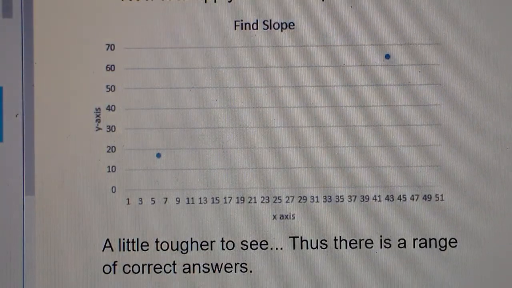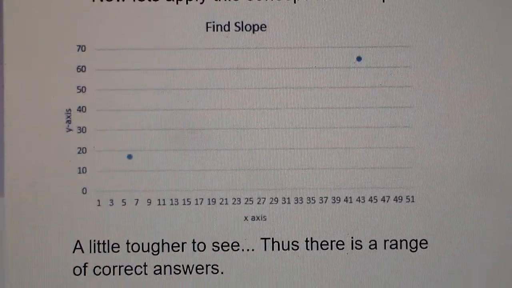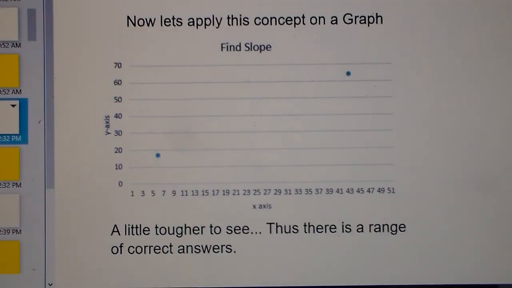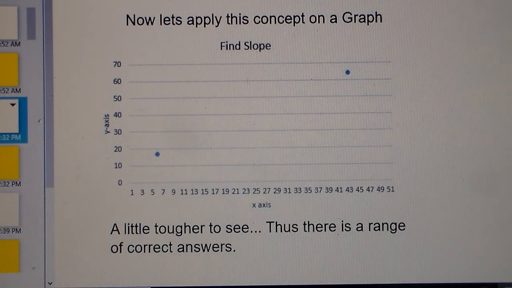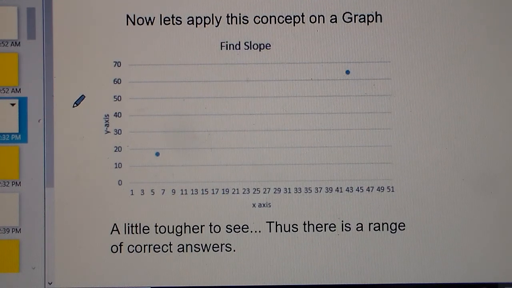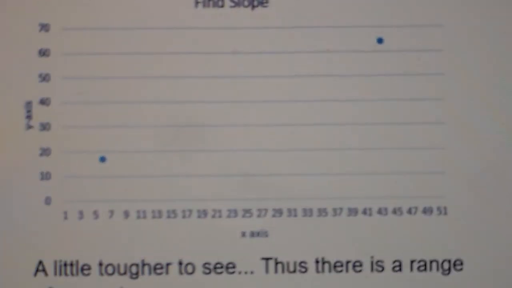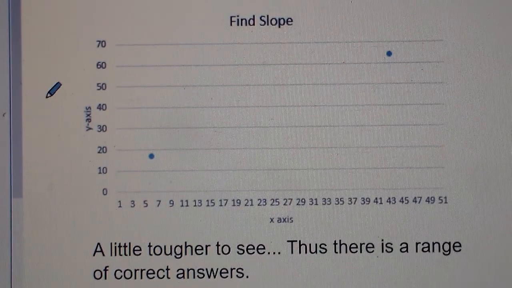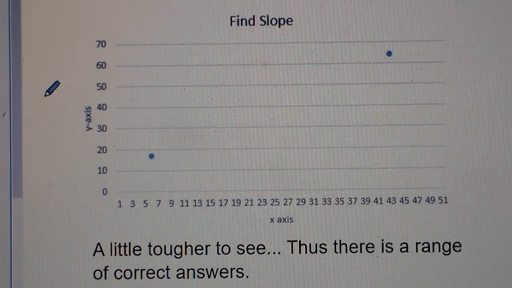Alright, same concept, except the presentation just looks a little bit different. The graph is presented a little bit differently. In this case, it's a little bit tougher to see the x-axis and the y-axis. So you might have to do a little zooming in on your own computer to see what it says.